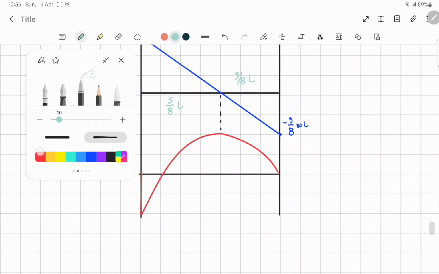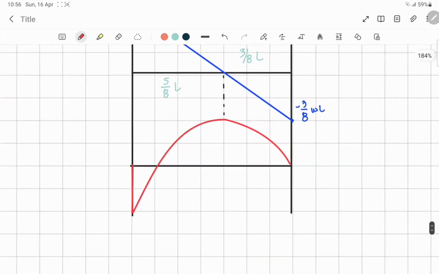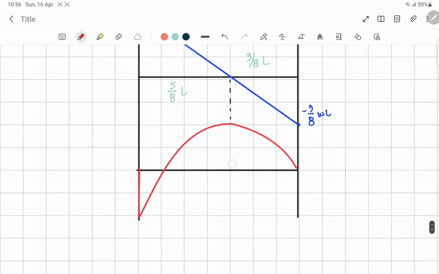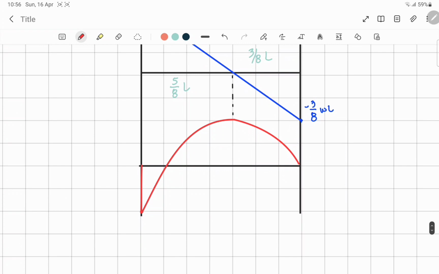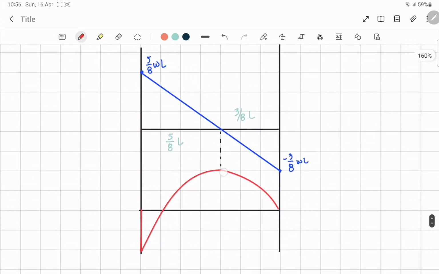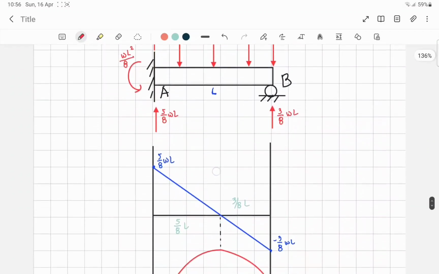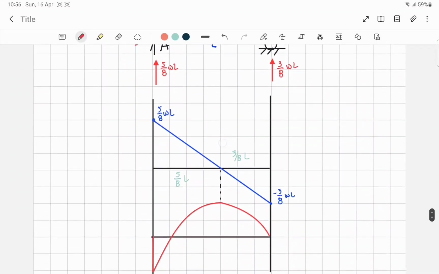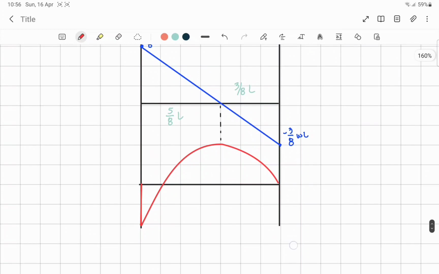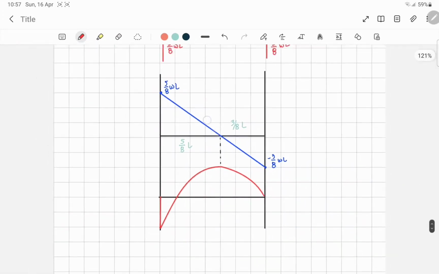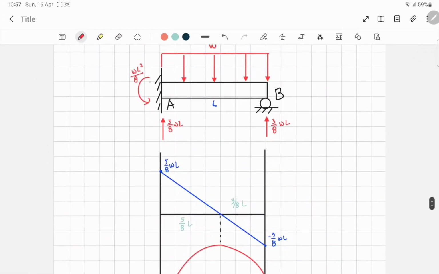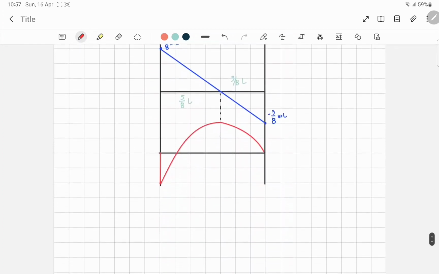For the moment diagram naman, this part sa left side of our beam, which is under the fixed support, at the left side, we have the moment here, the WL squared.